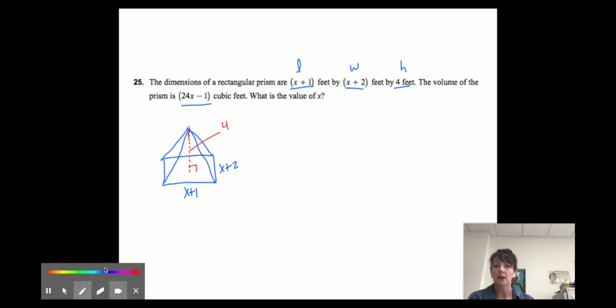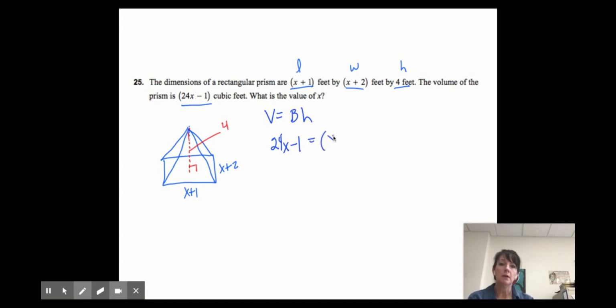Okay. So we know that we have the volume, so the volume is equal to the area of the base times the height. In this case, the volume is 24x minus 1. The area of the base would be length times width, x plus 1, x plus 2, and then times the height. And that's going to be, in this case, 4. So we just go ahead and multiply over here.